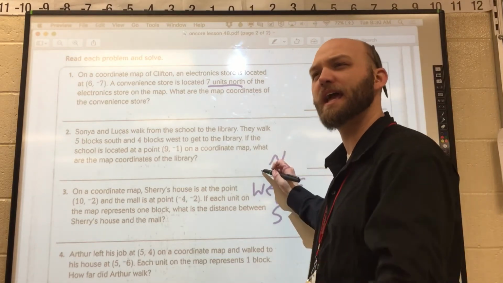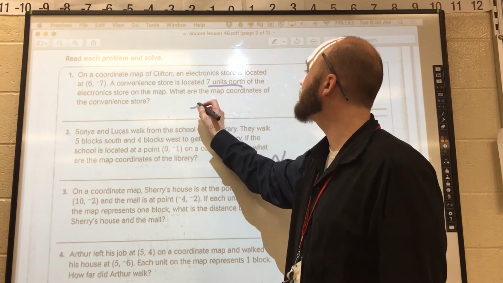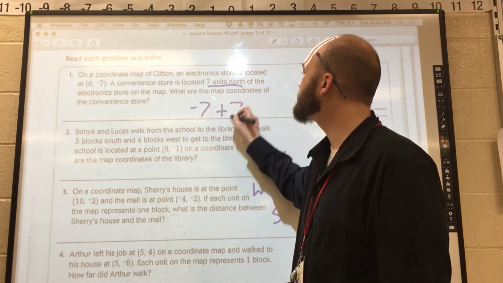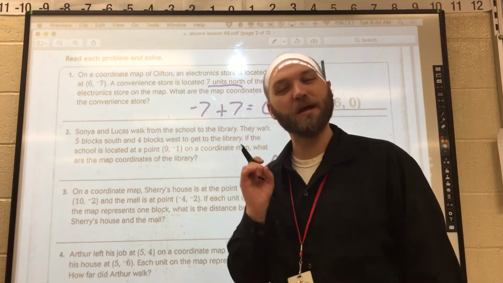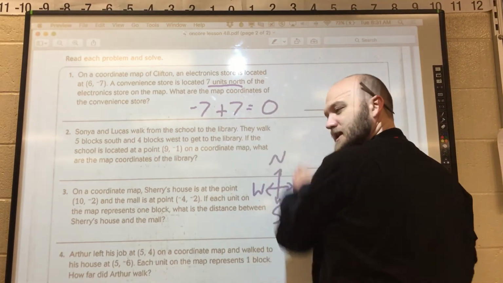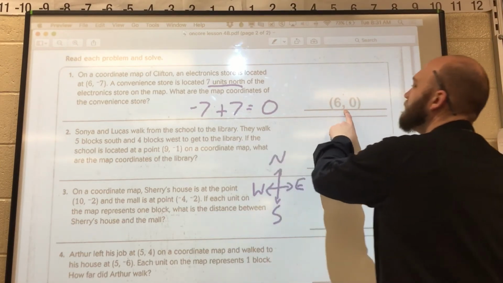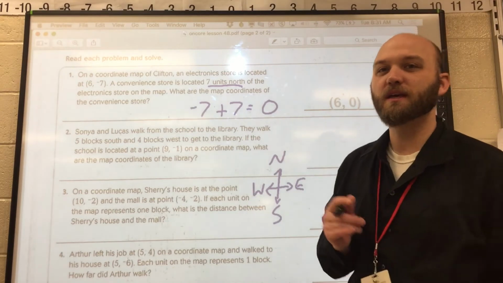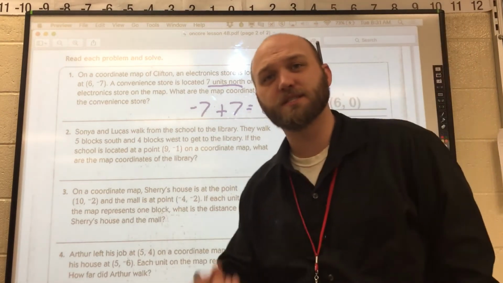If I want to take a -7 and then go north +7, what I'm really talking about here is -7 plus +7, which will give me back to 0, back to the x-axis. So if I'm going +6, -7, and then I go back up +7, my new coordinate point, instead of being +6, -7, will be +6, 0.